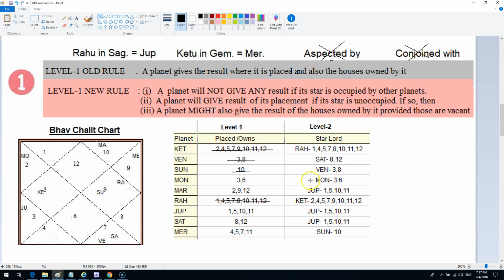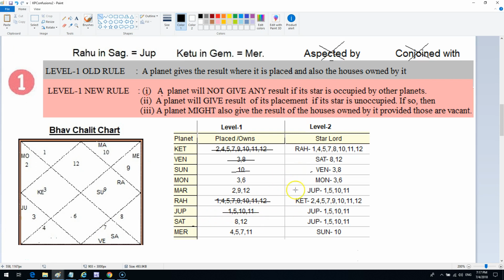Any planet occupying Jupiter's star? We not only see that Jupiter is occupying Jupiter's star, we see Saturn also occupying Jupiter's star. So if the Jupiter star is hijacked by any other planet, and Saturn has hijacked Jupiter's star, then Jupiter is not going to give the result of these houses.